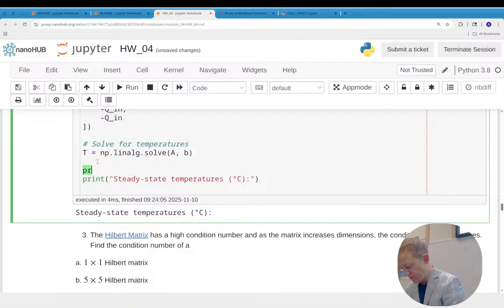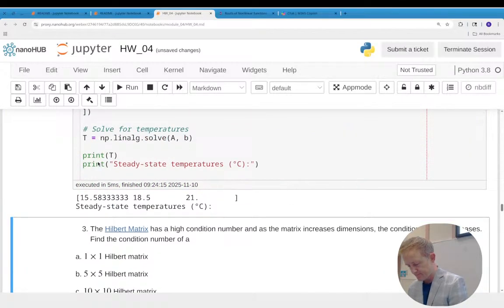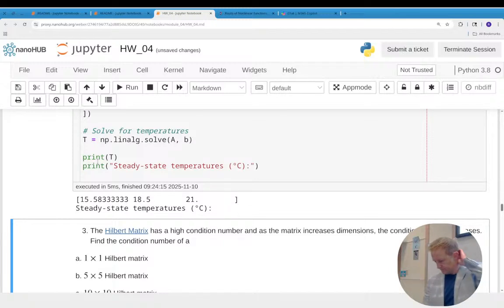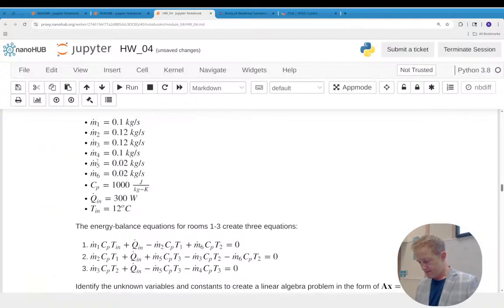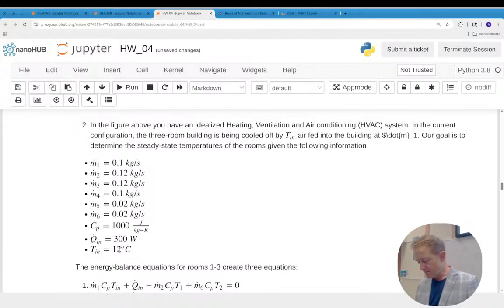But it didn't actually print T, which is kind of weird. And then output, at least for this one, 15.6, 18.5, and 21 in degrees C. And let's check. We have an input of 12 degrees C. We're adding 300 watts of energy in every room.